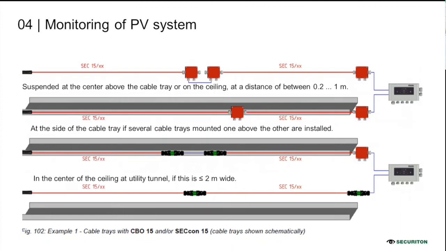The first is suspended at the center above the cable tray at a distance of 0.2 to 1 meter. You can have it above the trays, and you can also place it at the side of the cable trays. If the cable tray is already filled with cables and a bit intact, you can also move it towards the end of the cable, or put it outside as well. These are the common ways to install the cable.